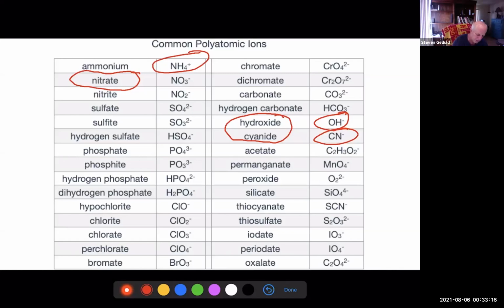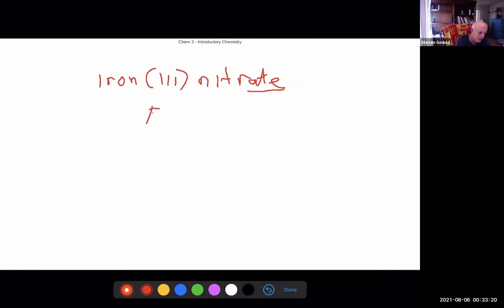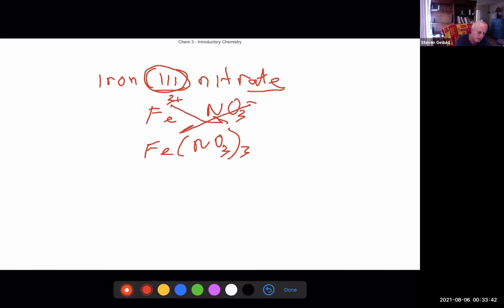So let's go back to what we had. Iron is Fe, and it's a 3+ charge because it tells you this is a 3+ oxidation state. And nitrate is NO3 -1. To balance this neutrally, you have to have Fe, NO3 3 times. Remember the crisscross rule? You take the 1 over here and the 3 over here.